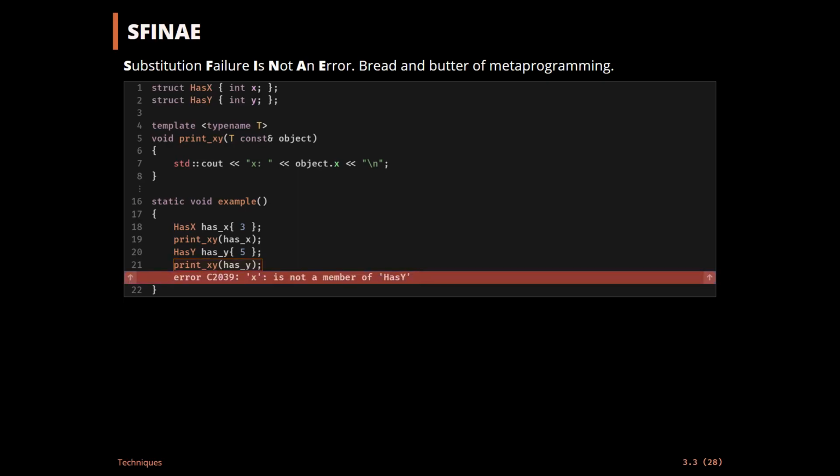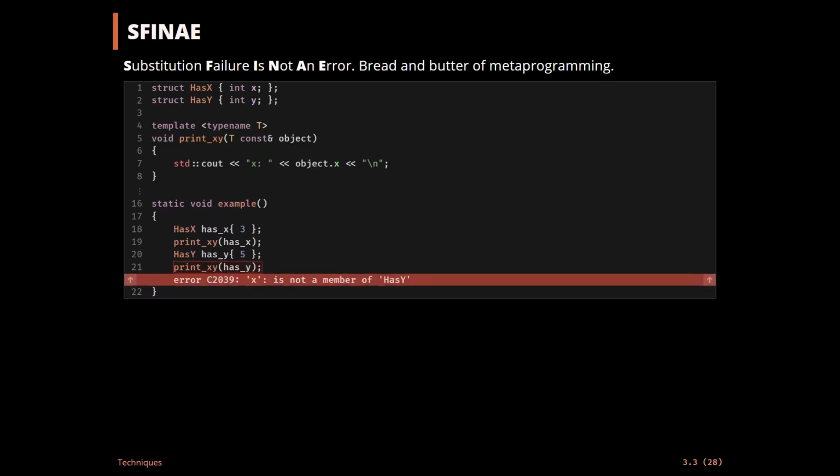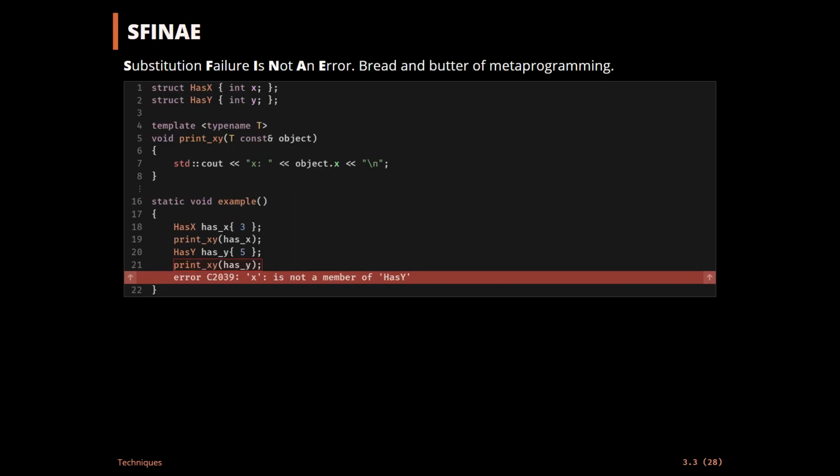Alright, well, it's not going to work because it's going to try to access x, and it says x is not a member of HasY. Right? Okay. So would this be a compile error? Yeah, this is a compile error. The actual error would be at line 7 because that's where you're trying to access x. Why would you call a function printXY while you only print x?